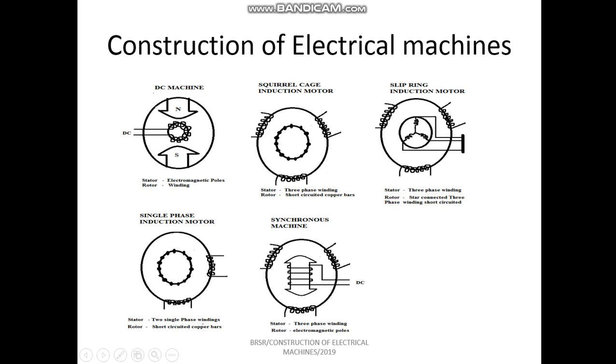The stationary part consists of three windings which are electrically apart by 120 degrees, and the rotor is a structure which has short circuited conductors. So squirrel cage induction motor has a three-phase winding in the stator and short circuited rotor bars, which are made up of copper.